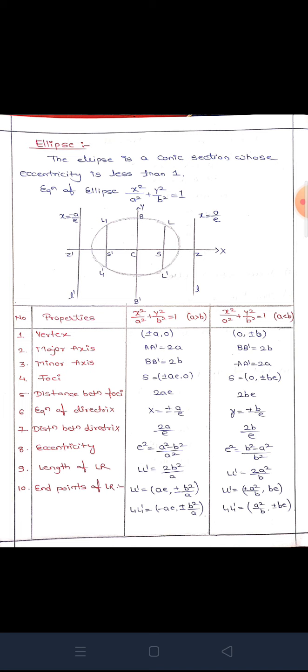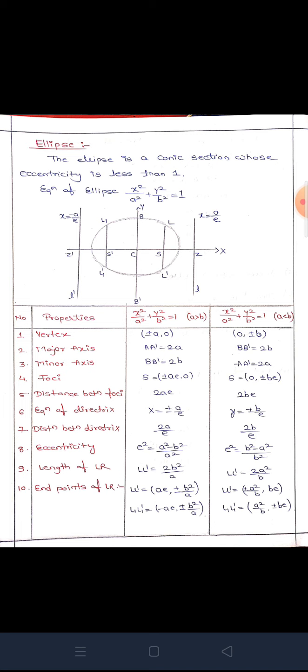Distance between foci is 2ae. Equation of directrix: x equals plus or minus a divided by e. Distance between directrices is 2a divided by e. Then the eccentricity: e squared equals a squared minus b squared divided by a squared. Length of latus rectum L L dash equals 2b squared divided by a.